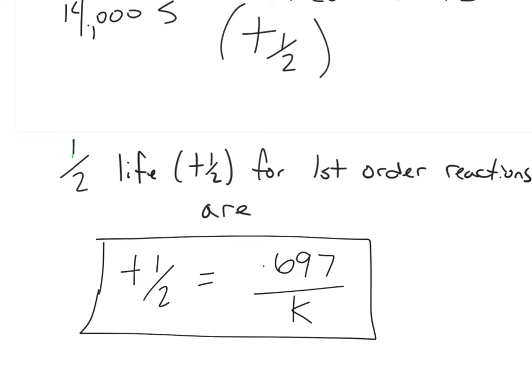It's the only half-life formula that you need to know, and it's important to remind you that it only is true for first-order reactions. For zero-order and second-order reactions, in fact, the half-life formula is not constant, and it can only be calculated using data.